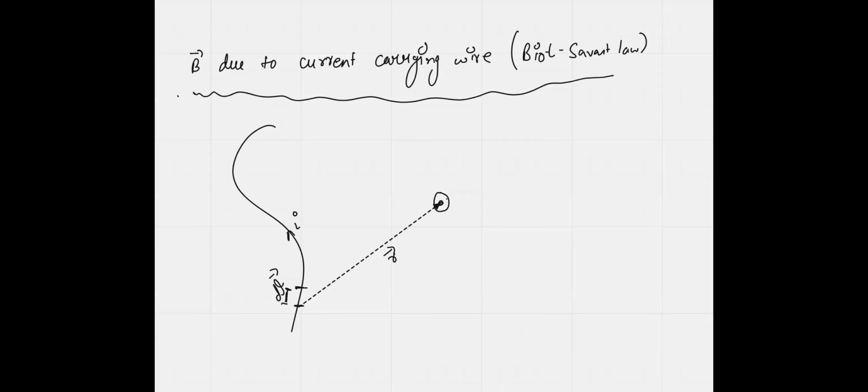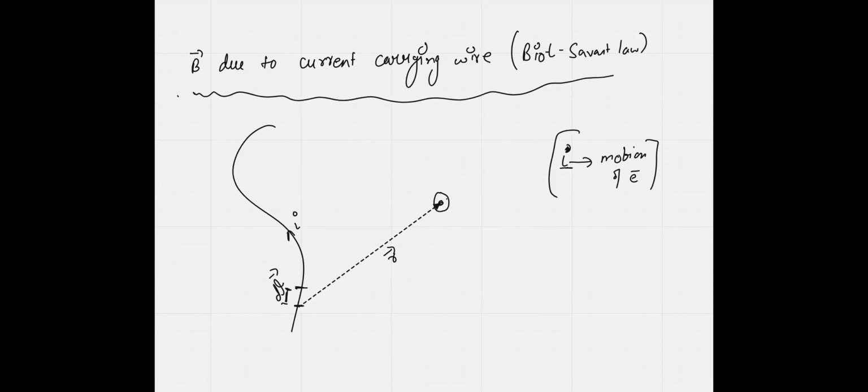Can you assume one thing, what is current? Current is nothing but the motion of negative charges, right? Can I say it is due to the motion of negative charges, electrons?